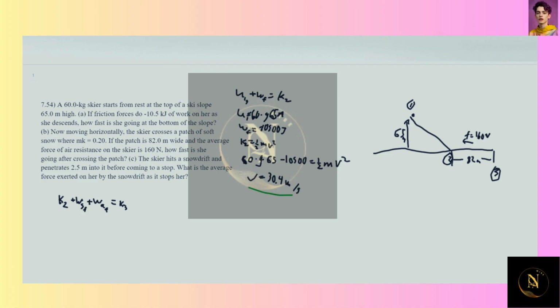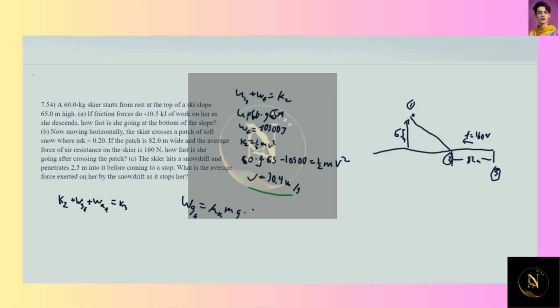Okay, so then we need to find what the expression is for the work due to surface friction. So WSF is going to be equal to the normal force times mu sub k times the distance. So we have mu sub k. Normal force is going to be equal and opposite to the force due to gravity.